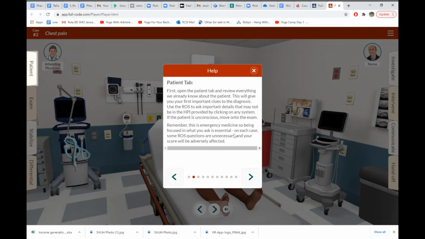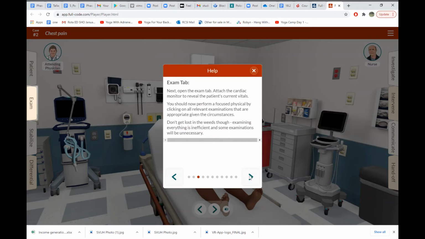So I assume that's what they're going for here. Your score is affected in Simmer, or in our ED simulator, in that you're wasting time rather than your score actually being affected. But there's no clock in FullCode.